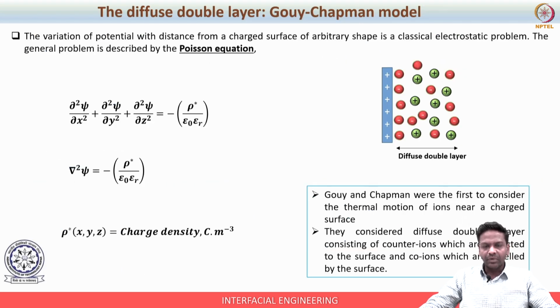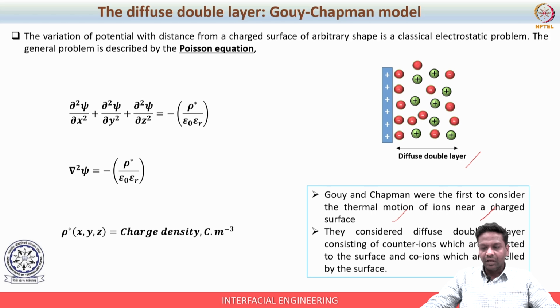This is nothing but the diffuse double layer, because it considers the diffuse double layer, and it was proposed by Gouy and Chapman. That's why it is called the Gouy-Chapman model. Because it considers a diffuse double layer, it means that they take the thermal motion of ions near the charged surface into consideration.